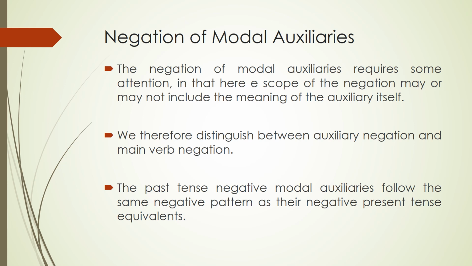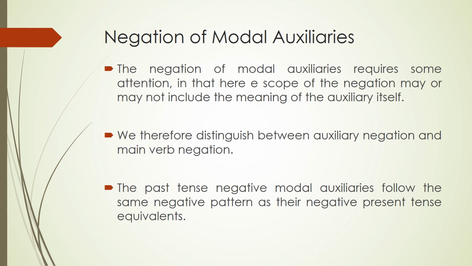So it is going to be negative. But if I say this sentence has main verb negation, this means that the modal auxiliary is kept outside the scope of negation. It is not included within it, so it is going to be positive. And here what I want to negate in this sentence is the main verb, not the auxiliary.